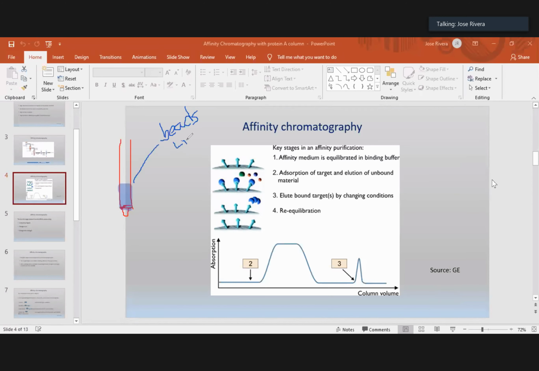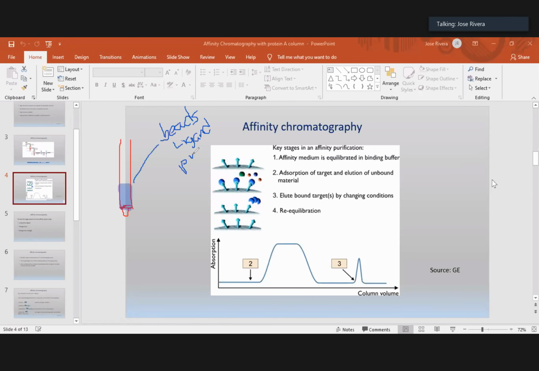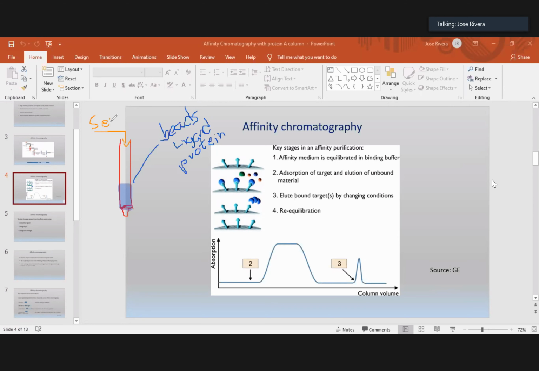So in our case, the ligand, like I said, is protein A. And what happens is you put serum in. So the serum goes here. It's animal serum.